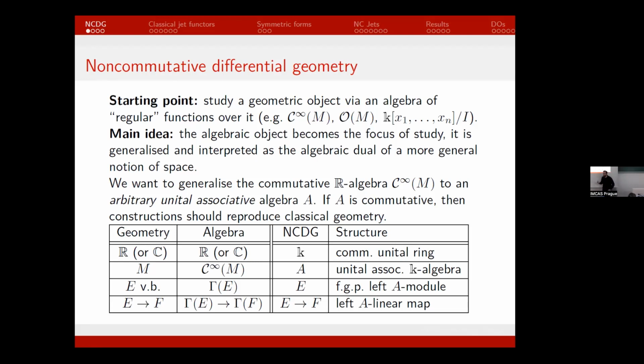So this is what the Serre-Swan theorem tells us. And finally, whenever we have a bundle map between two bundles V and F, this corresponds algebraically to a C infinity of M linear map, and the generalization is, of course, a left A-linear map. Okay, so this is the generic setting.